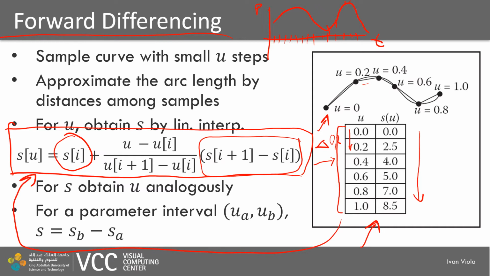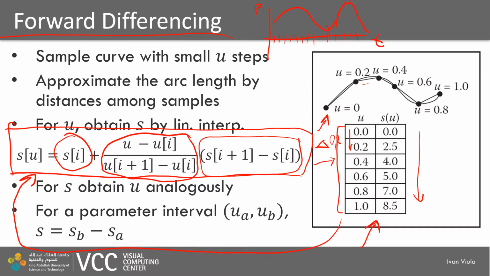And we use this formula as is explained, plus we use this term here, which would be simply the linear interpolation factor, which will be telling us how far we are between the two segments.